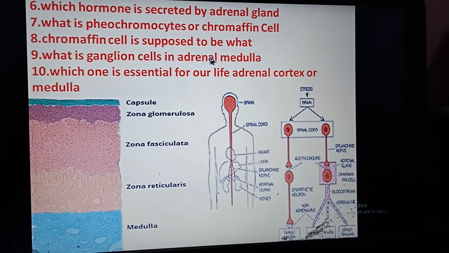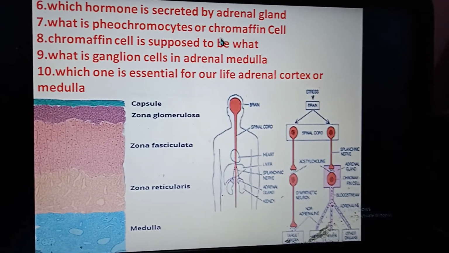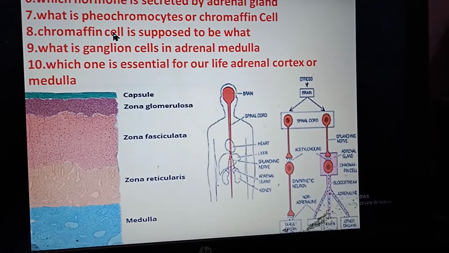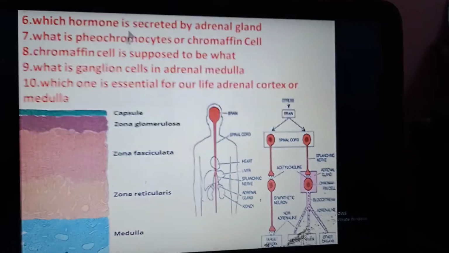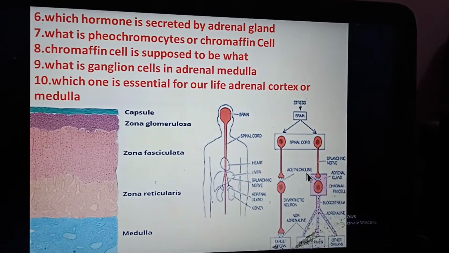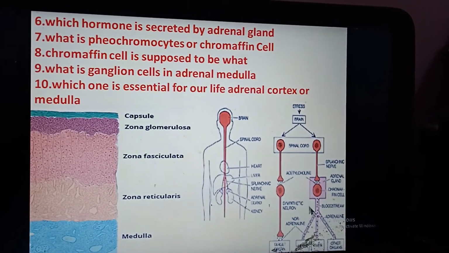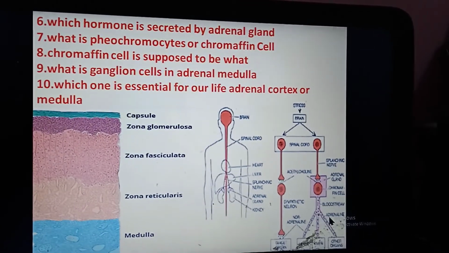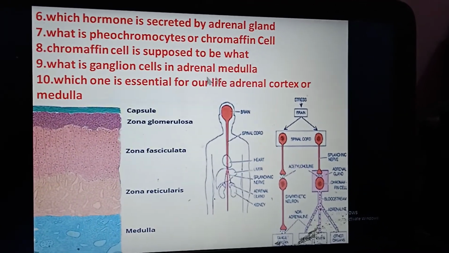So chromaffin cell is supposed to be what? Chromaffin cell is supposed to be the soma of the postganglionic neuron, which has lost its axons and dendrons. What is the ganglion cell in the adrenal medulla?